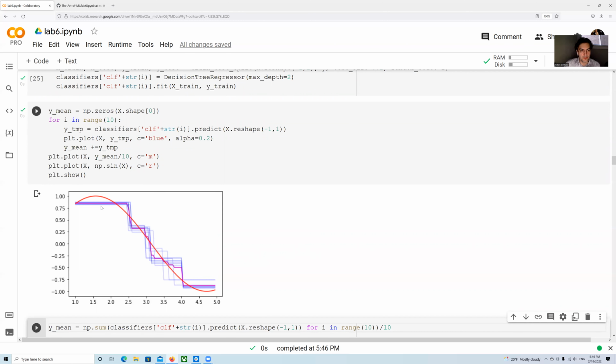So on this plot, you can see these 10 decision trees in blue, and in purple, the mean value of these trees. And you can see that our trees have pretty large variance, but the mean value is closer to our original data.